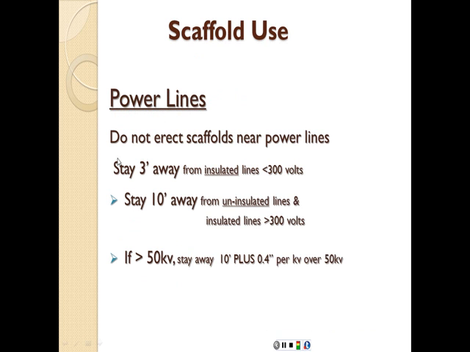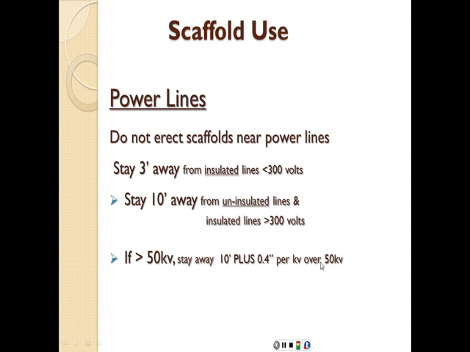So do not erect scaffolds near power lines. Stay 3 feet away from insulated lines less than 300 volts. Stay 10 feet away from non-insulated lines or insulated lines greater than 300 volts. And if it's greater than 50 kilovolts, which is 50,000 volts, stay away 10 feet plus 0.4 inch per kilovolt over 50 kilovolts.